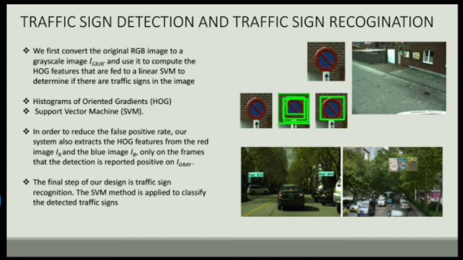Let's speak about traffic sign detection and recognition. How are we going to achieve this goal? The main goal of the discussion is to achieve this. We are first going to convert the RGB colors into a grayscale image using the technique of histograms of oriented gradients.